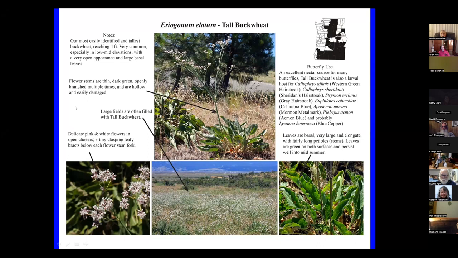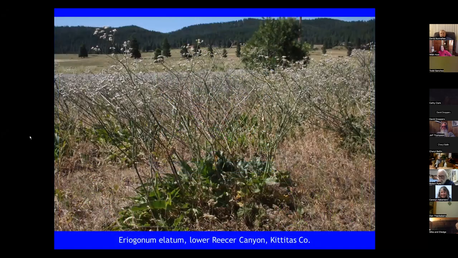This buckwheat is used by a number of plants. As we saw earlier, it's a guild plant, which hosts at least 6 different Lycaenas as their larval host plant. There's only one variety of elatum in Washington, so if you can identify it to species, you've also identified it to variety.